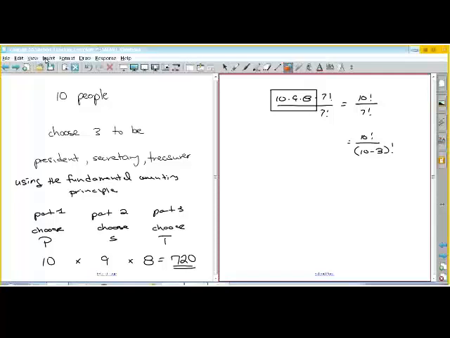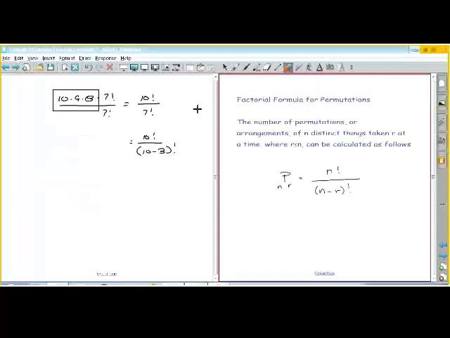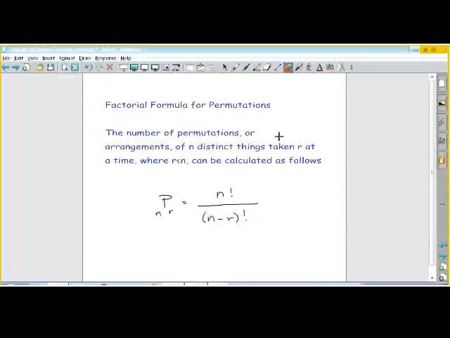Well, if you look at these cases where order is important, and we call it a permutation, there's a formula. So the factorial formula for permutations, and permutations are arrangements of n distinct things, in this case people, is calculated where r is less than n.